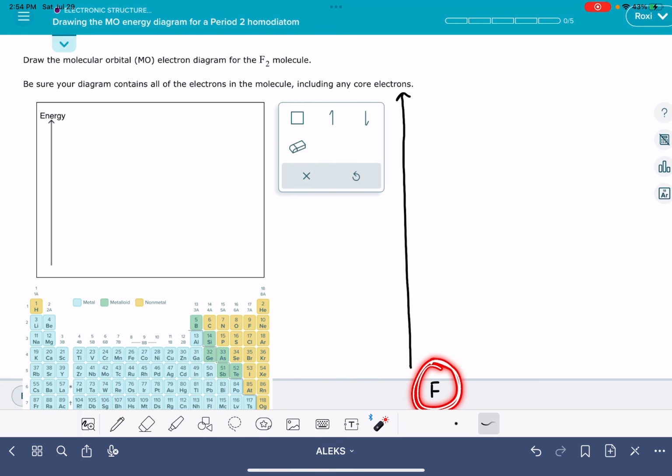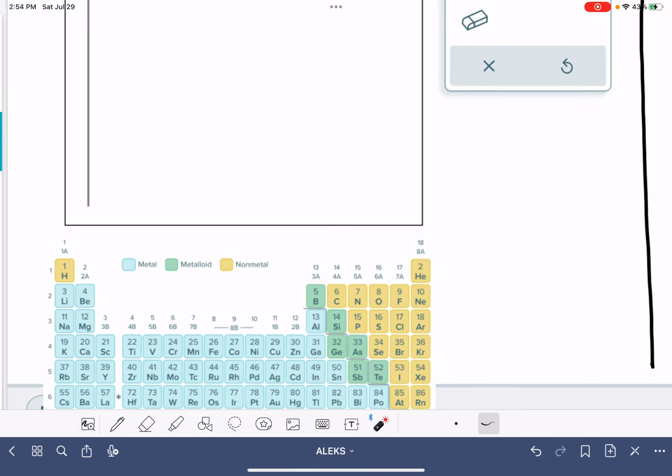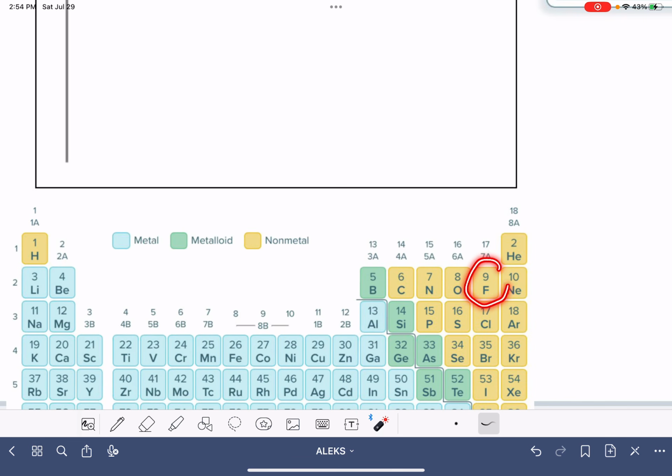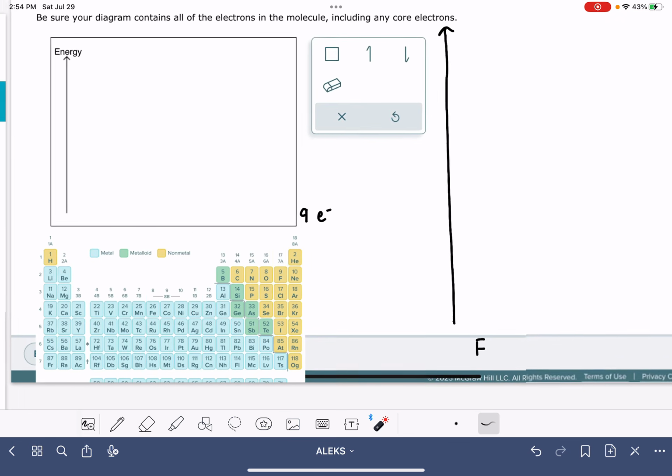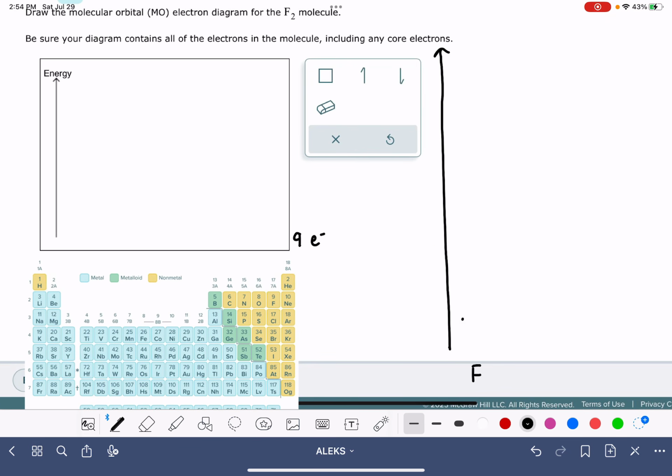Now, as you know, this is based on the electron configuration for fluorine, or the number of valence electrons for fluorine, however you want to think about it. If we zoom in here, we can see that fluorine is located right there. It has a total of 9 valence electrons. Its electron configuration is going to be 1s2, 2s2, 2p5, and we're going to reflect that over here with a box diagram. So there's my 1s. I said it was 1s2, and my 2s I'm going to put up here.